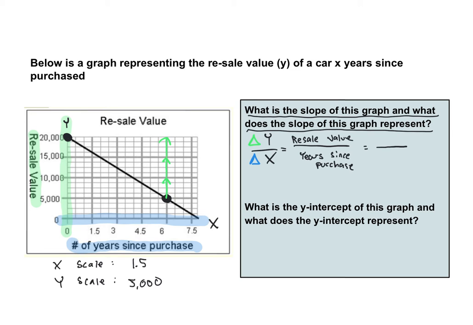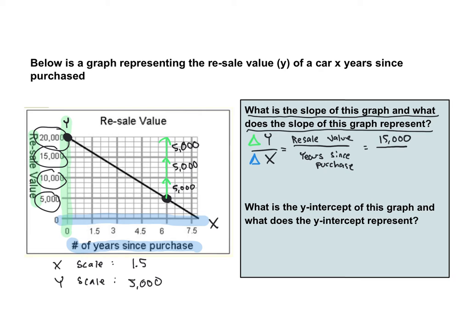But our scale on our y-axis is increasing by 5,000 every unit, which means that I did not go up 3, but I went up 5,000, and then I went up another 5,000, and then I went up another 5,000. So in this case, my change in y was not 3, but my change in y was 15,000. Now I can do my change in x.